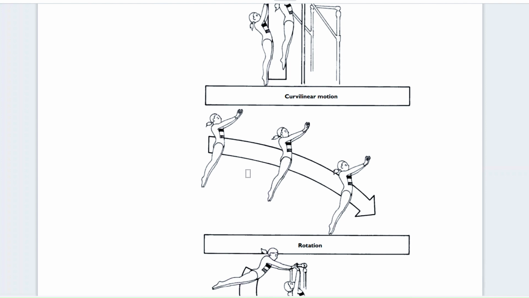When the athlete is coming back towards the ground, the body doesn't change its speed or direction, but the path is slightly curved. It is not angular, not any movement around any imaginary axis of rotation. This is just movement along a curved path. That is basically called curvilinear motion.